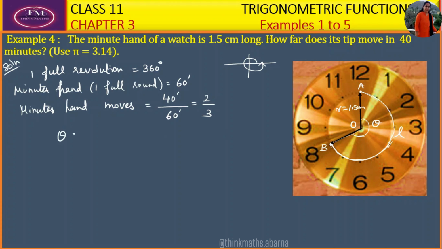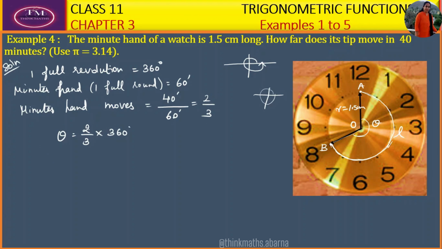So theta will be equal to 2/3 of 360 degree. Can you understand why I wrote this equation? For one full revolution, whatever be the side, it is 360 degree.